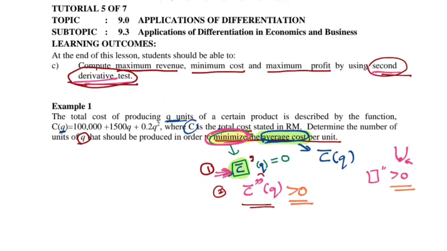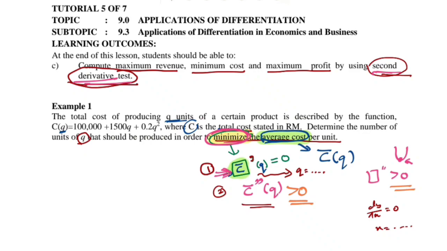So from the first step here, what you obtain is the value of Q, the number of units. It's like finding your stationary points. After you have found dy over dx equal to 0, what you find after that is the value of x of your stationary point. So now, since the variable is in terms of Q, our final answer after we equate this first derivative to 0, the variable that we have found is Q.